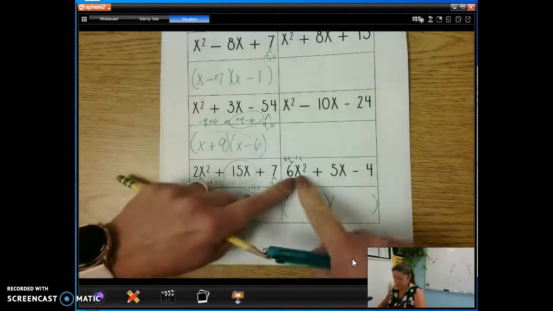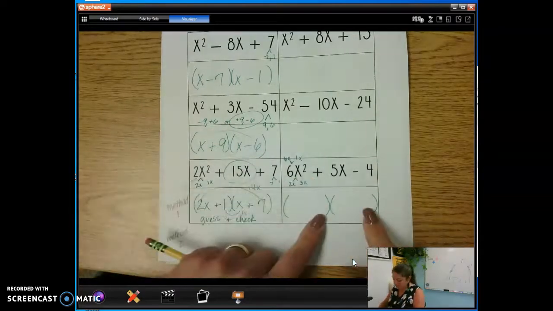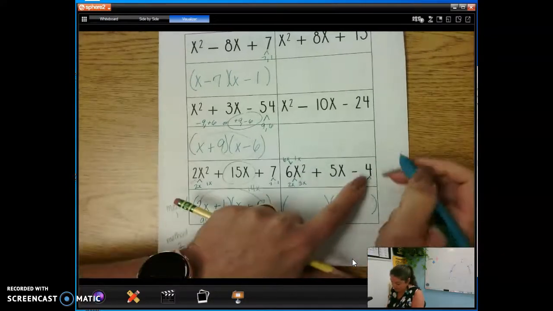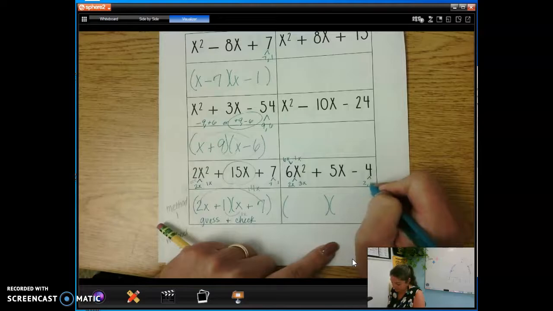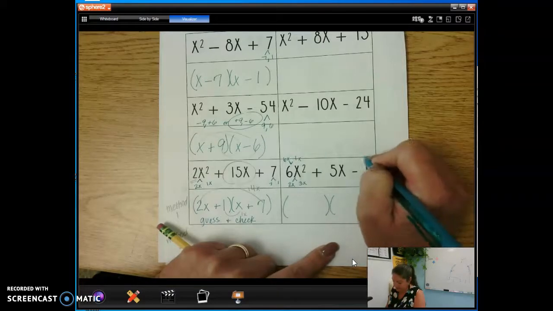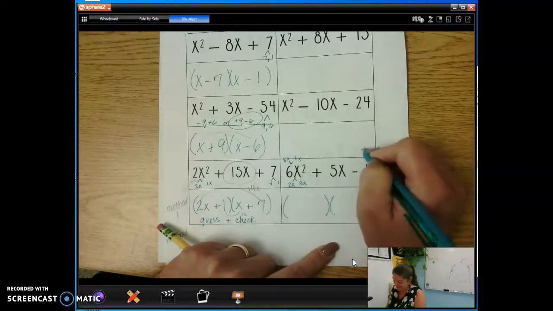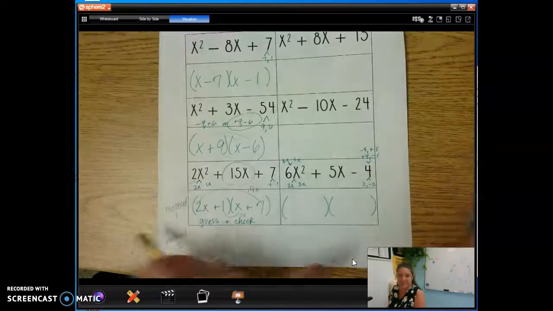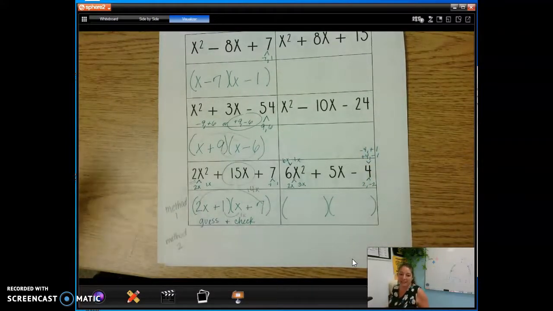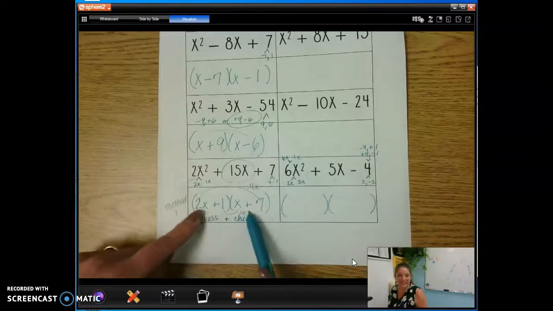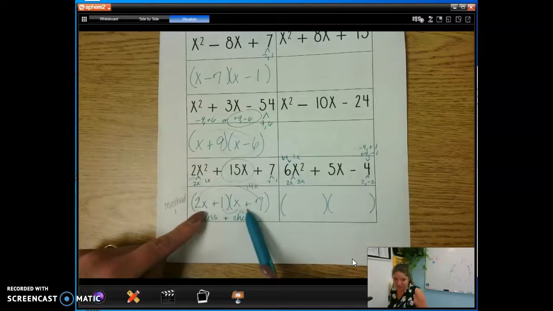They're going to multiply to give you 6x squared. The last two positions in the parentheses are going to give you this negative 4. And this negative 4 can be a positive 2 and a negative 2. It could be a positive 4 and a negative 1. It could be a negative 4 and a positive 1. So sometimes guess and check doesn't work out quite as nicely and as quickly as it does over here.